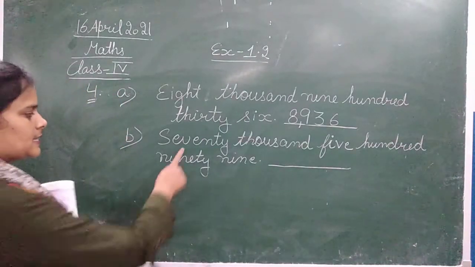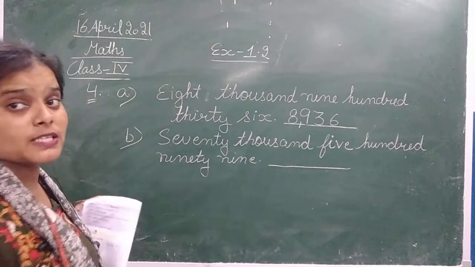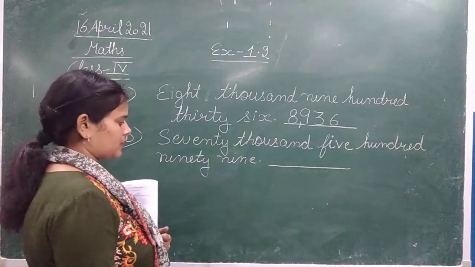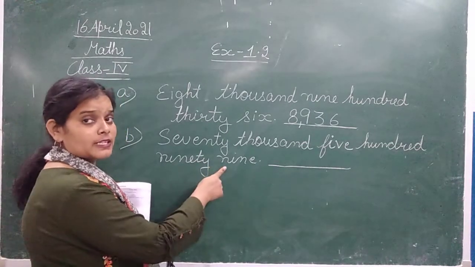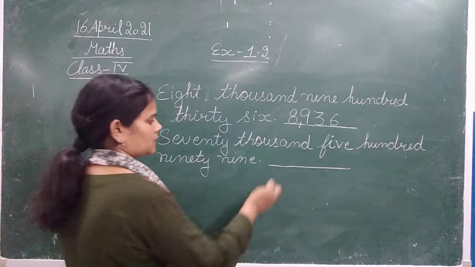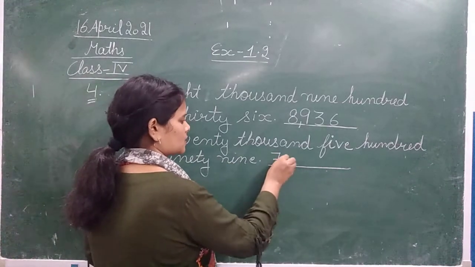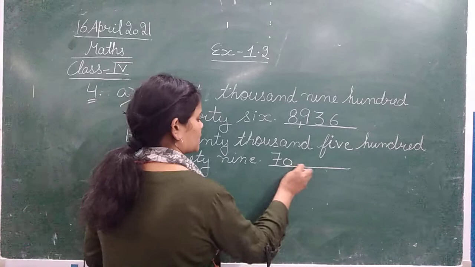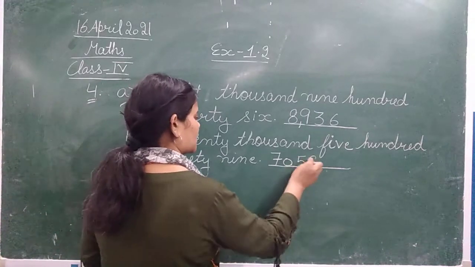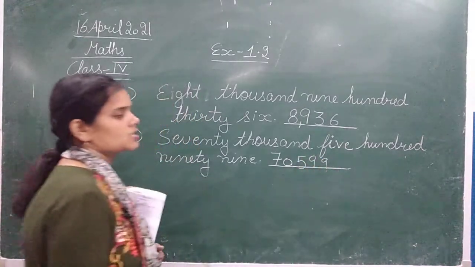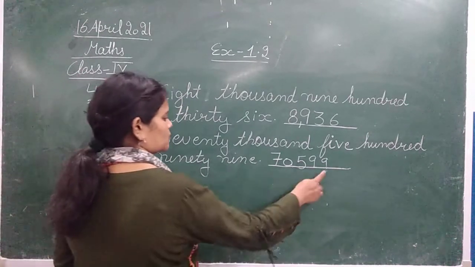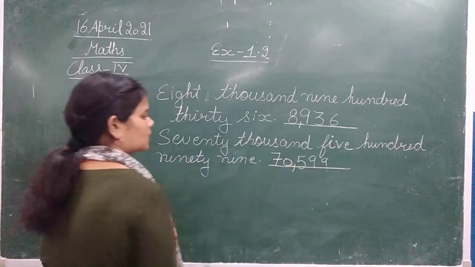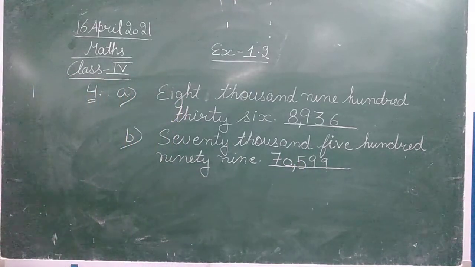So that is 70,000, which is at 10,000's place. 500, 5 is at 100 place. 99, so 9 is at 10's place and 9 is at ones place. That will be 70,599. Now we'll put the commas: ones, tens, hundreds, and put the comma here after 1,000.